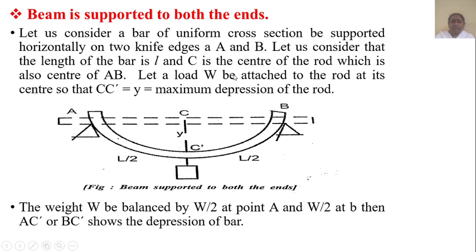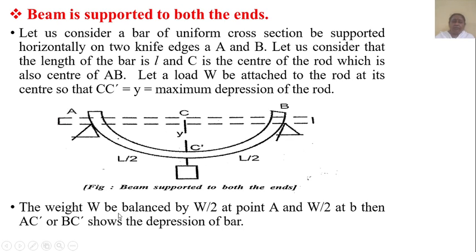Let the length of the bar be L, and C is the center of the rod, which is also the center of AB. Let a load W be attached to the rod at its center so that CC dash equals y. See in figure, that is the maximum depression of the rod.